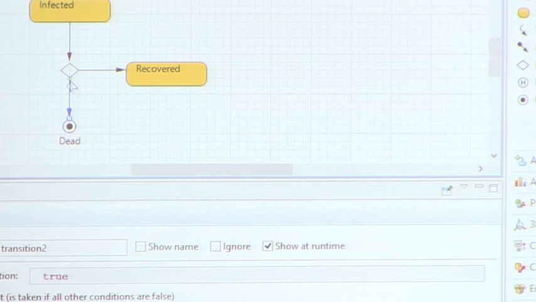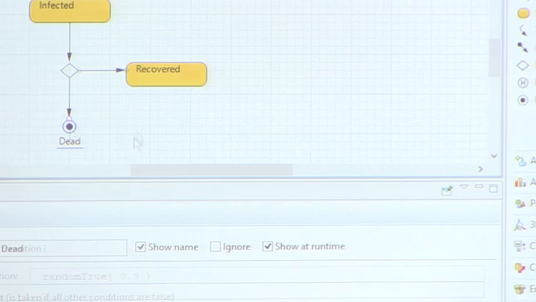And this is the default exit. So if this condition is false, then with a 10% probability the person will die. What transition is missing here?